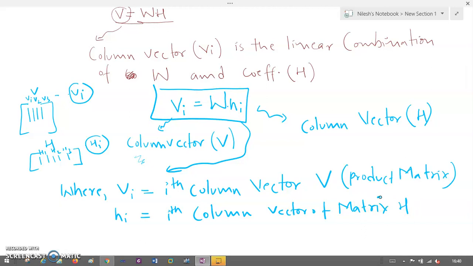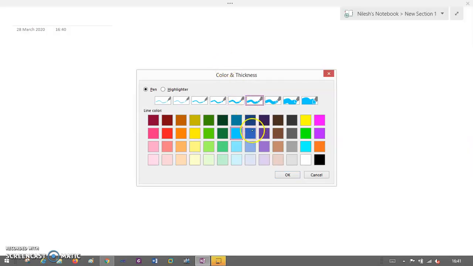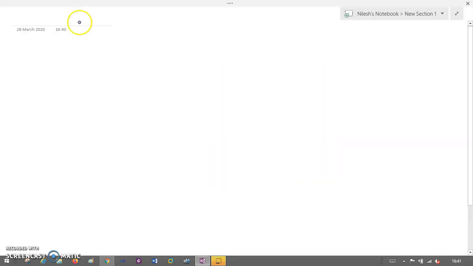Okay, so this is the thing that we can derive from NMF. The next important thing that we need to see is that when you are multiplying these matrices, the dimension of the factor matrices is lower than that of the product matrix.